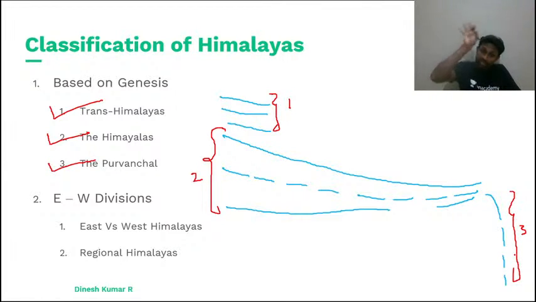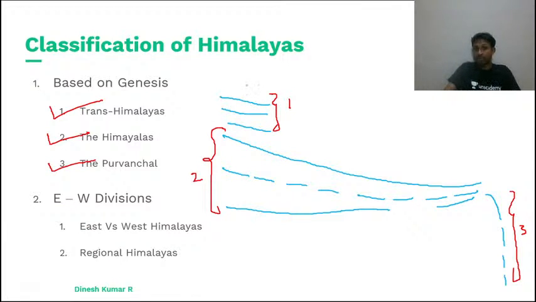If I want to classify them further, there can be a number of divisions. Let us see those divisions slightly, so that when you take individual topics, things will become very easy. When I talk about the first region, the Trans Himalayas, what are the things we have to study?